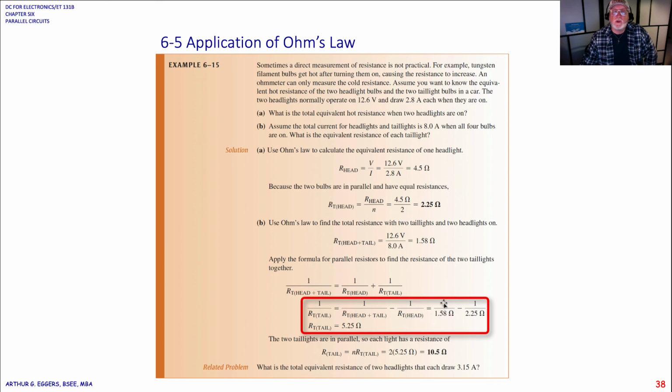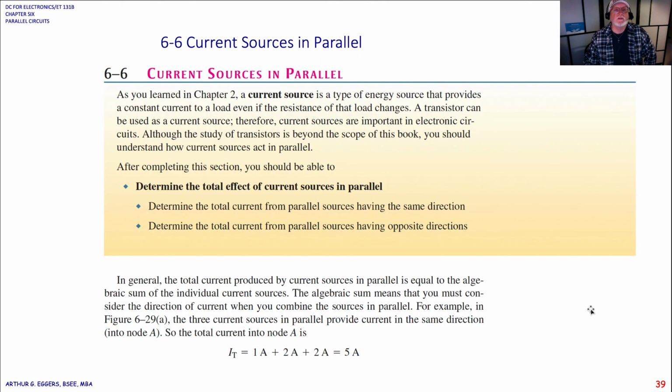We come up with 1 over 1.58 minus 1 over 2.25, which gives us, when we invert it, a total tail light resistance of 5.25. So the two tail lights are in parallel, so each light has a resistance of 2 times 5.25 or 10.5 ohms. Okay? So a little practical example.